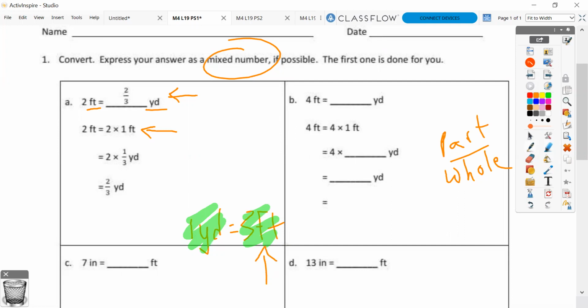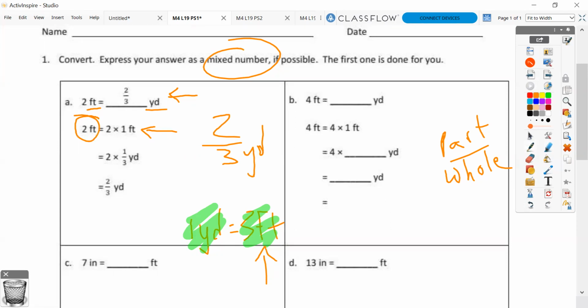So our whole is going to be 3 for this one. So we know that we're looking for how many parts out of the whole do we have? Well, in this case, we have 2 feet out of 3 feet to make one whole. So that means that's 2/3 of a yard. Because if we had one more foot, we'd have that other third of a yard to make one whole.